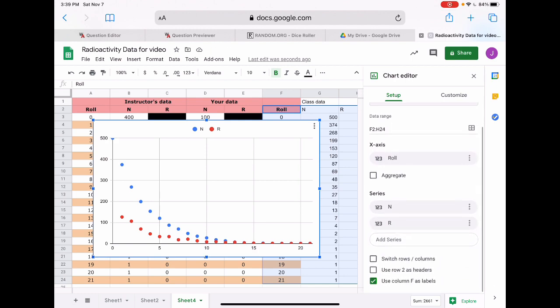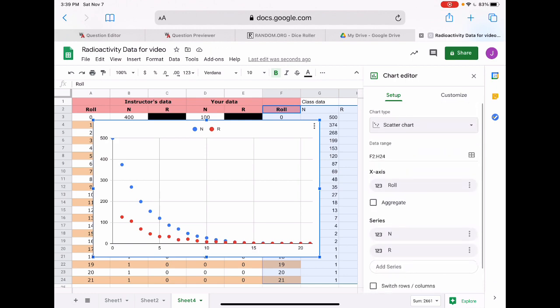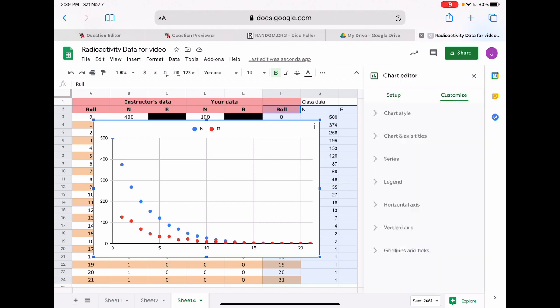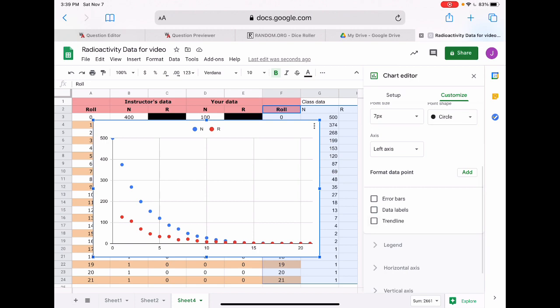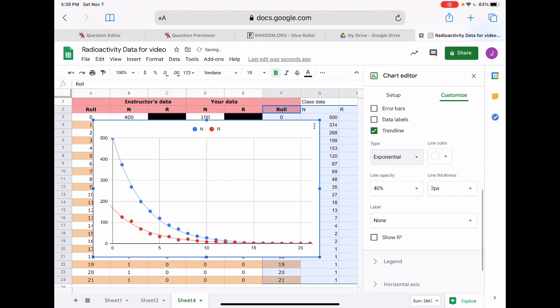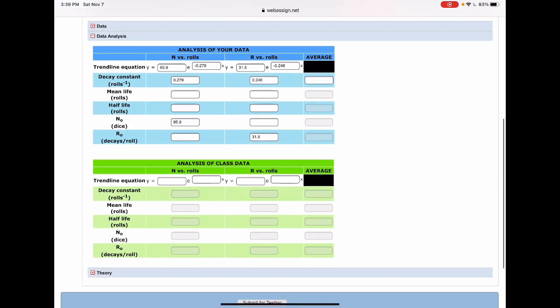So now I just need to go over to customize, choose series once again. I'm going to scroll down, choose trendline, and choose it to be exponential, and then use the equation. And then I'm going to put these values, again, populate these into my analysis of class data table.